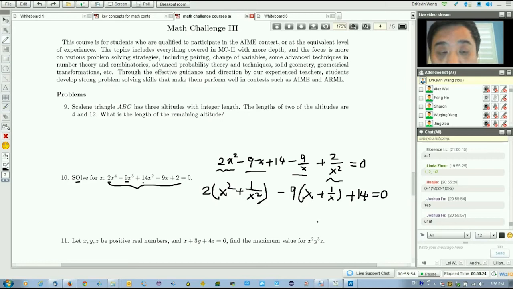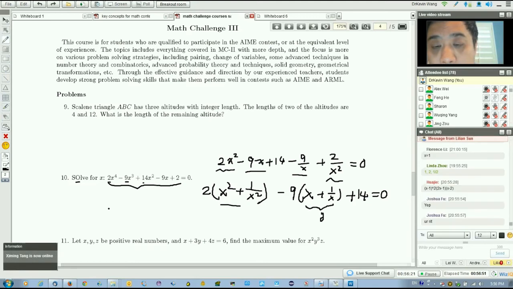Well, this is a trick we can apply when the coefficients are symmetric. Otherwise, in most cases it's not going to work. So first you check for symmetric coefficients, and then you get these kinds of patterns: x squared, 1 over x squared, x and 1 over x.